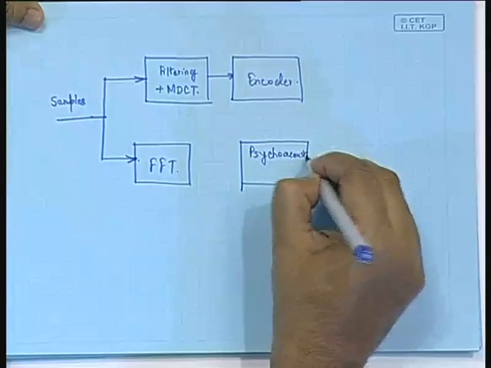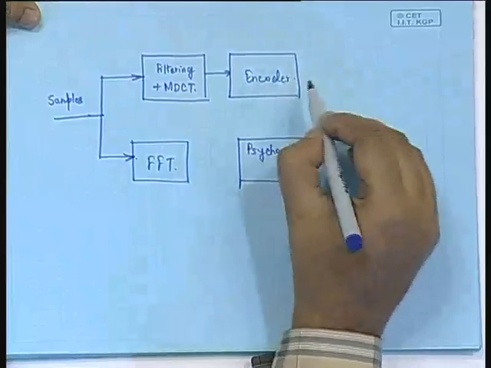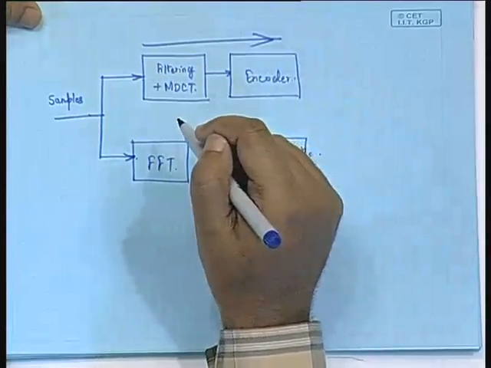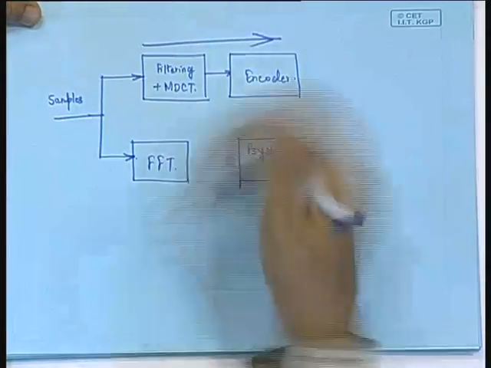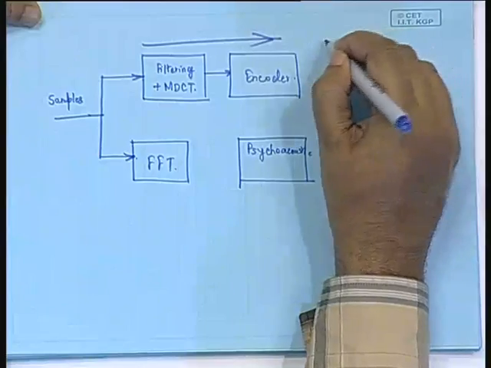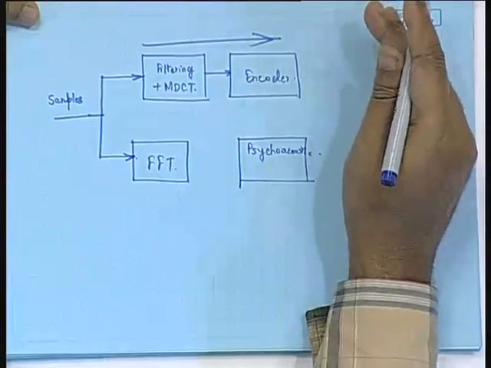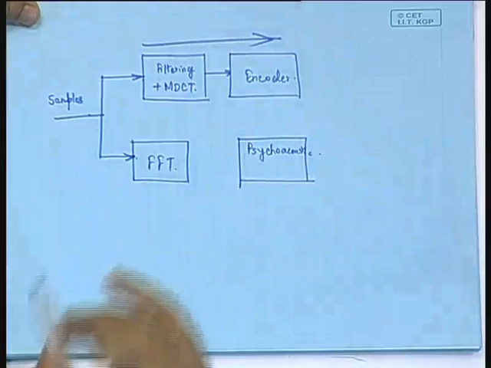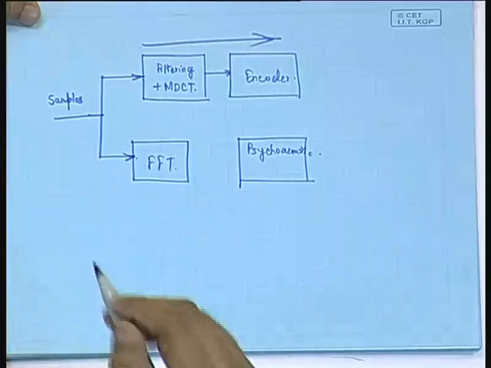So, what happens is that the psychoacoustic model is not incorporated in this path at all. This path is directly taking this way, that all the MDCT samples are equally spaced in frequency, whereas from the psychoacoustic model it is not so.